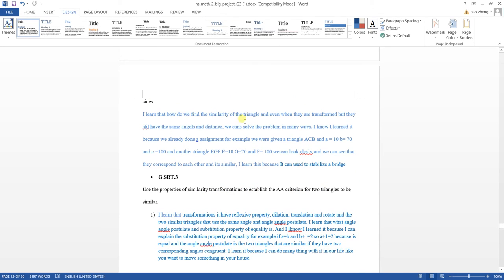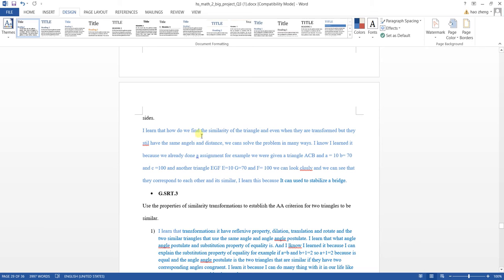And next, I learned the standard about finding the similarity of triangles, and even when they are transformed but they still have the same angles and distance, we can solve the problem in many ways. I learned it because we already did an assignment.